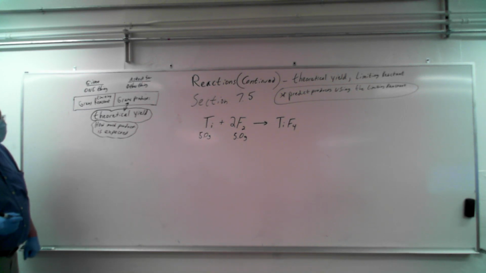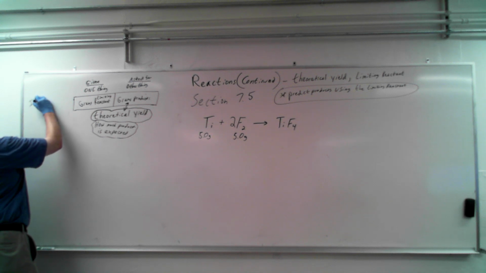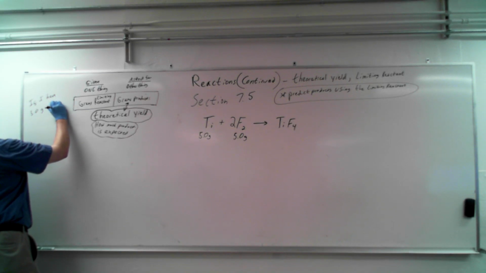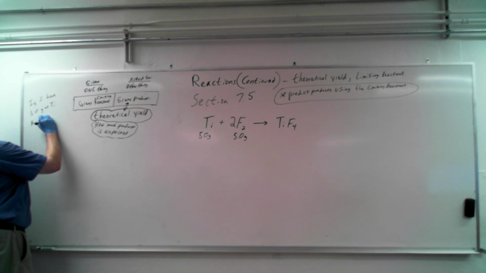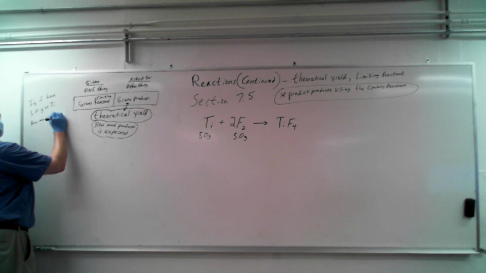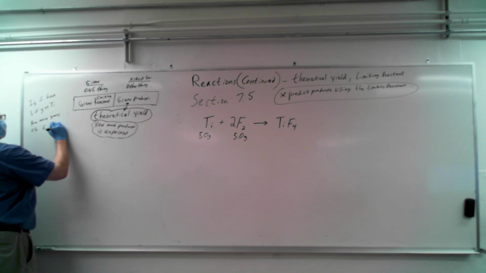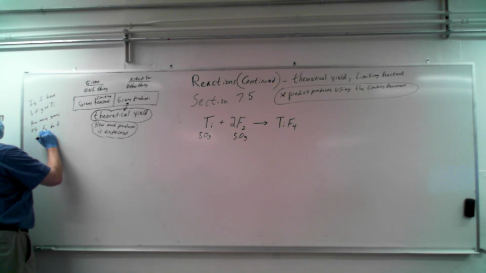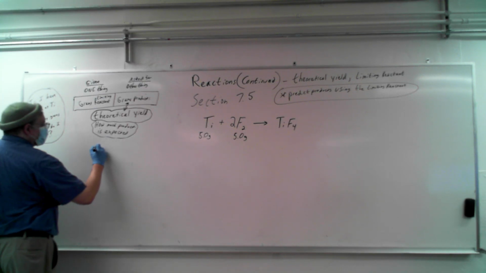The question I need to answer is, if I have 5 grams of titanium, how many grams of F2 do I need?